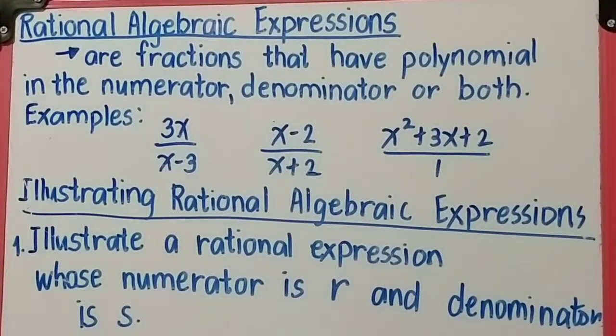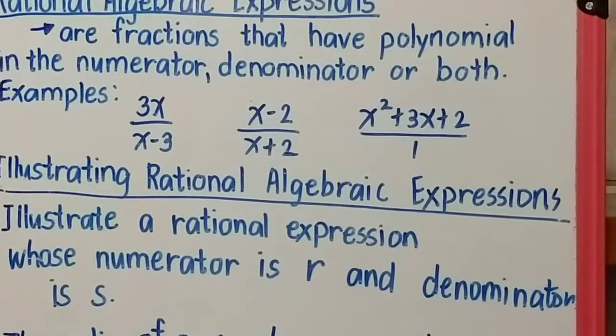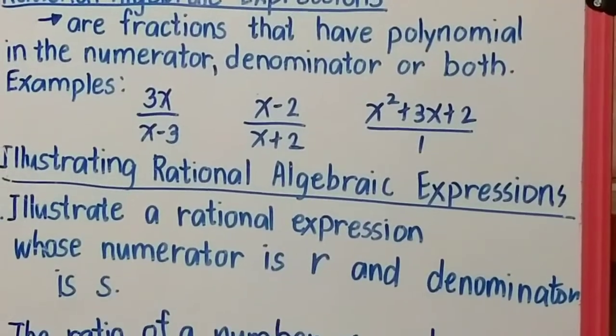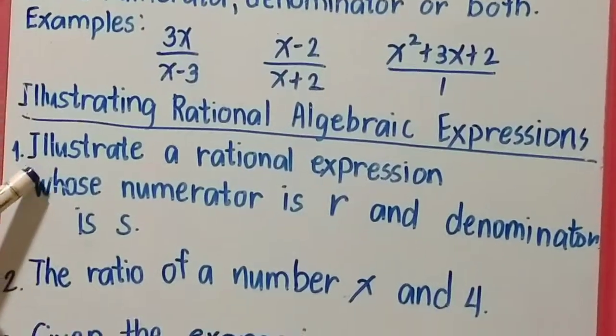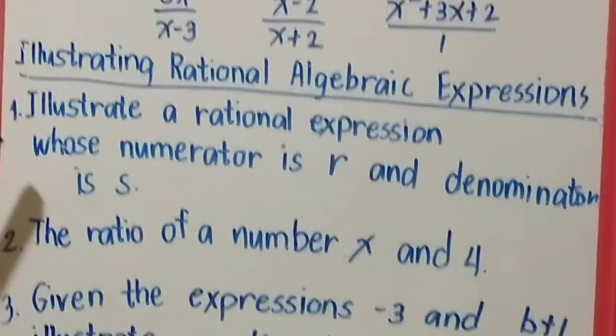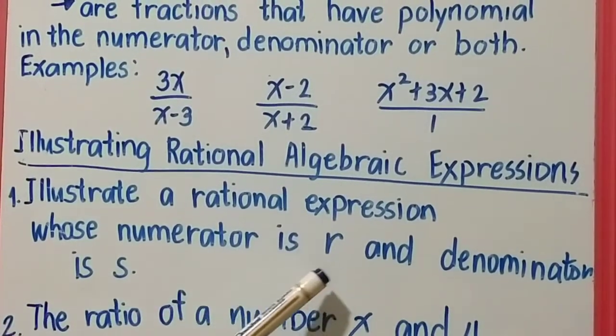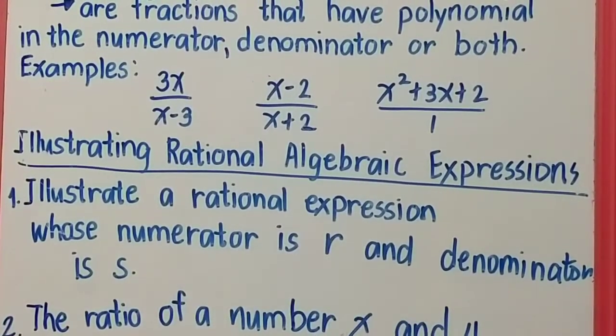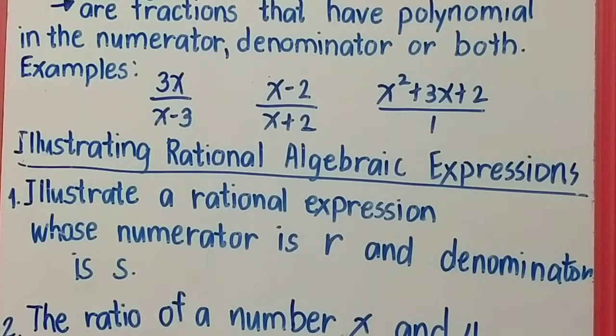Let us illustrate the following rational algebraic expressions. Number 1, illustrate a rational expression whose numerator is r and denominator is s. This one is very easy. To illustrate a rational algebraic expression, we just write it in fraction form.